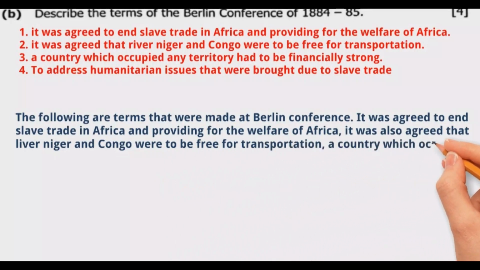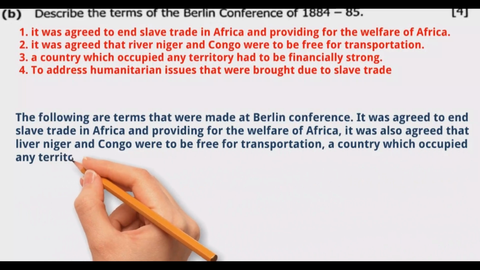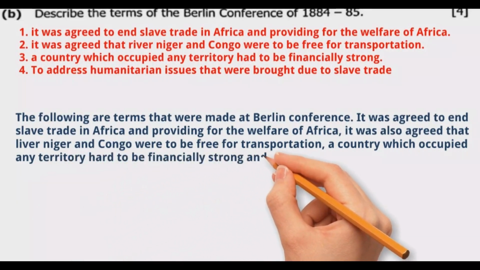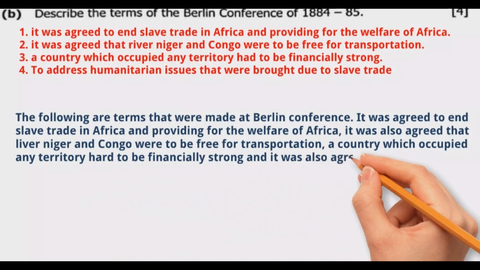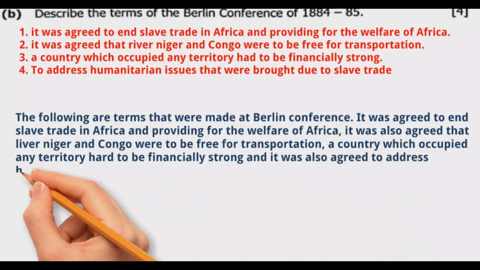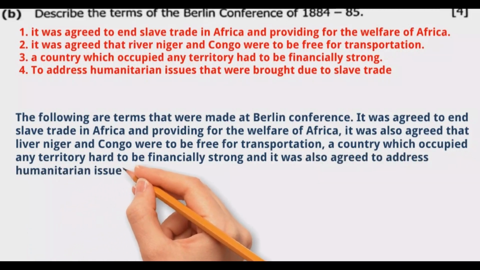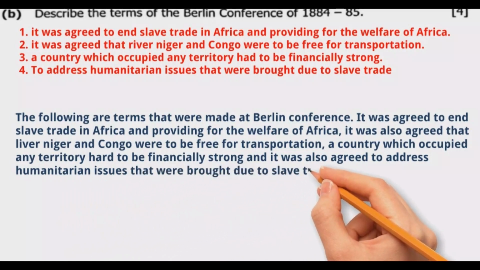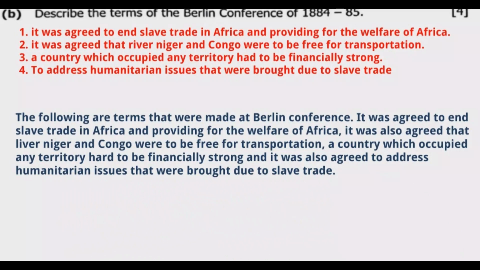A country which occupied any territory had to be financially strong. And it was also agreed to address humanitarian issues that were brought due to slave trade. Okay, so that is the short essay on that, and those are the points above.